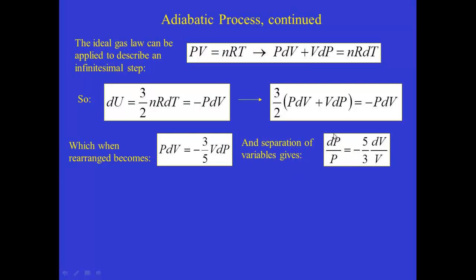All right, so these two fractions now are things that we can integrate. We can add up the changes in those quantities as we move along the curve from some initial pressure P1 to a final pressure P2. Of course, as we do that, we're also going from an initial volume V1 to a final volume V2.